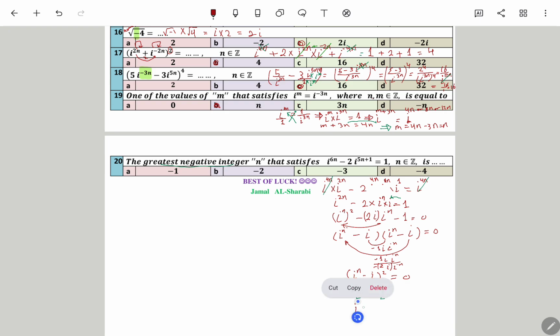So negative 3 will give you i, and also you can have i to the power of negative 7 will give you i, and that's it. So which one is going to be the greatest negative integer? You can choose negative 3, which can give you easily this one.